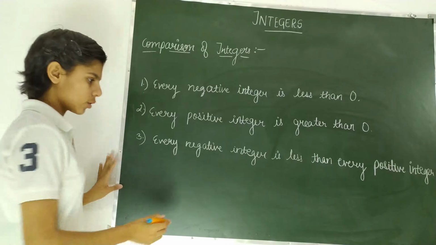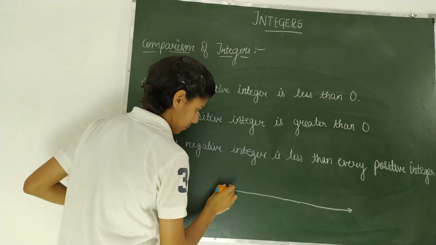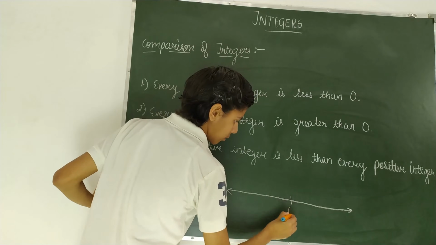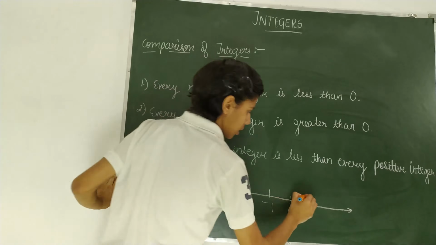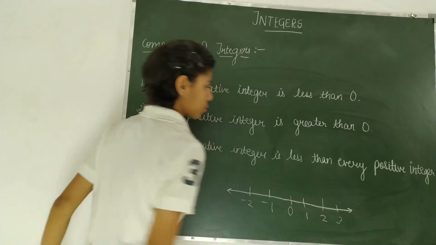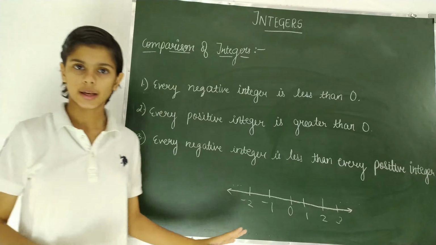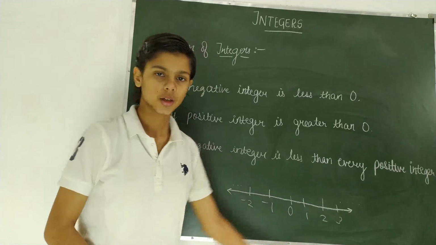For example, you have a number line. Here is 0, -1, -2 and so on, and here 1, 2, 3 and so on. For comparison on a number line, every number on the right side is greater.